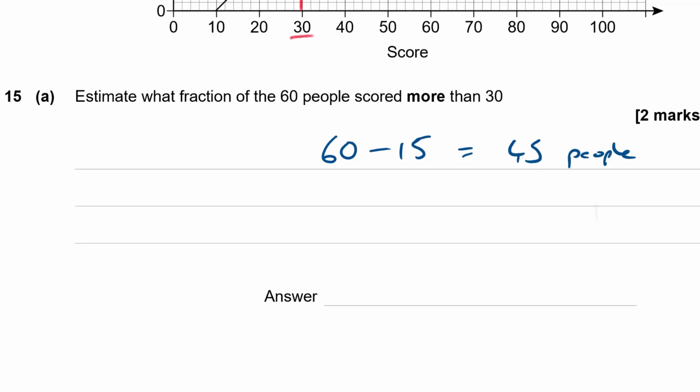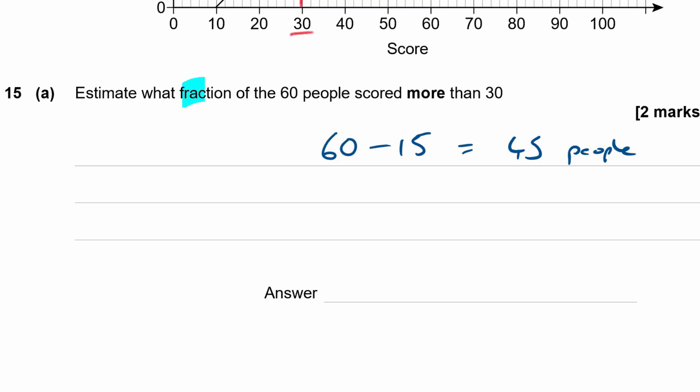So writing that as a fraction, for some bizarre reason this is asking for a fraction, 45 60ths of the people, which I suppose we can cancel down to 3/4 of the people scored more than 30 marks.